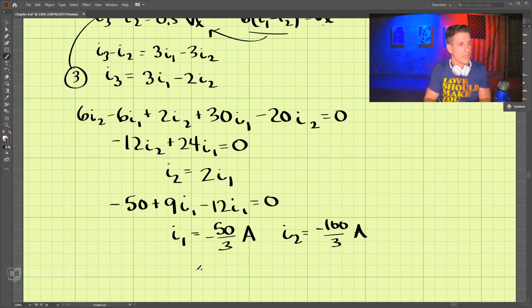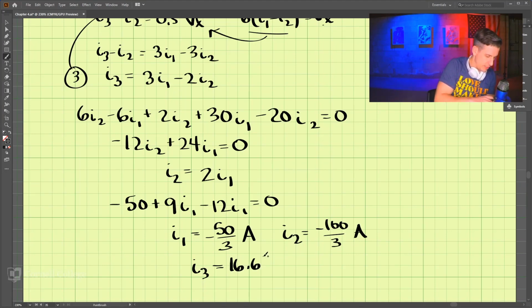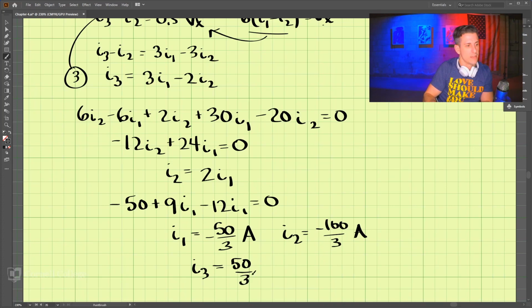And then I3 is equal to 3 times negative 50 divided by 3 minus 2 times negative 100 divided by 3. I3 equals 16.6, which is positive 50 divided by 3. So I3 is 50 divided by 3 amps.